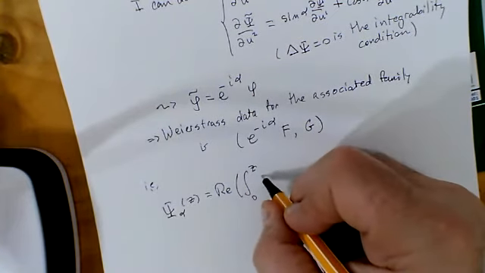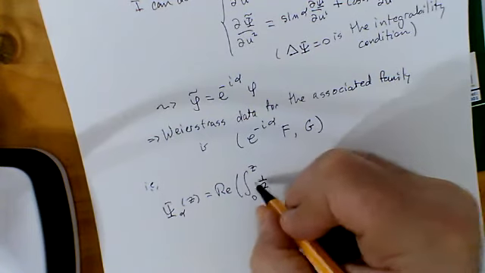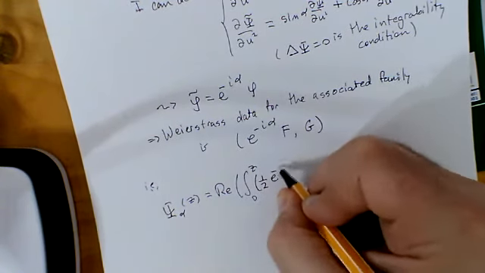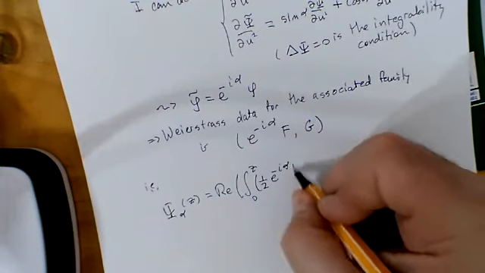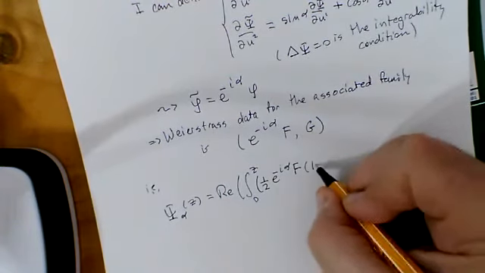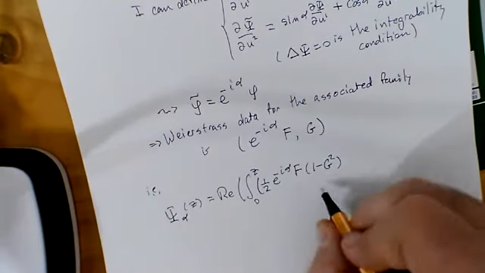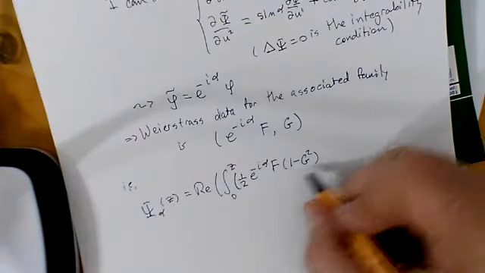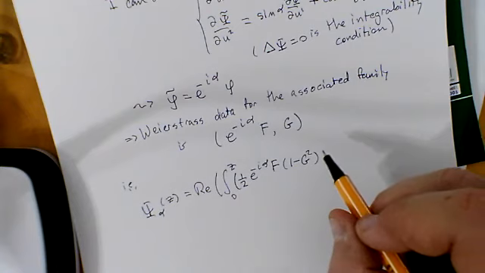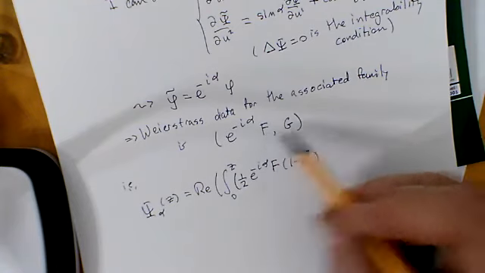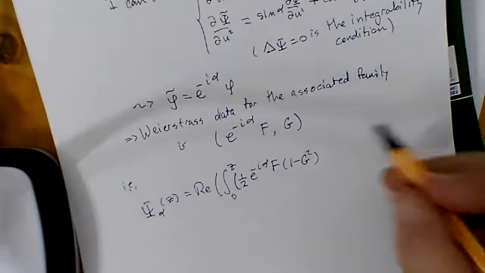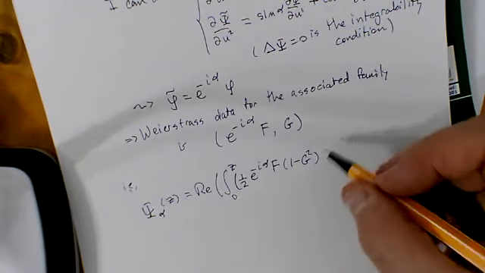And these minimal surfaces are given in terms of my data. So F, remember, is a holomorphic function. G is a meromorphic function, satisfying this condition on the zeros and poles.